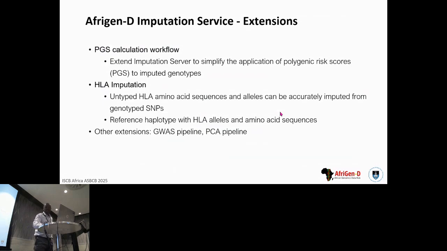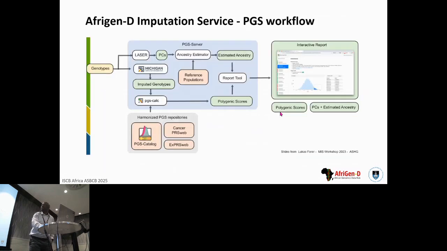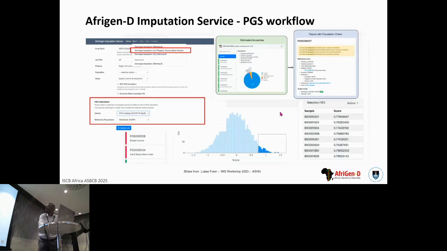So you'll be able to do all of this. This is for the polygenic risk score, where we have the reference panel from existing repositories, and you'll be able to impute your data.